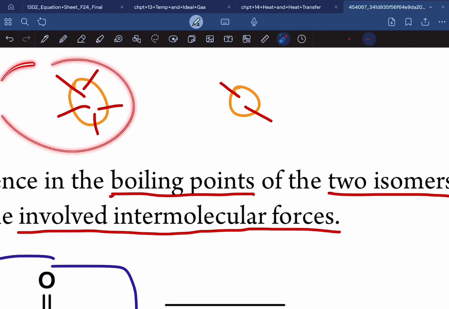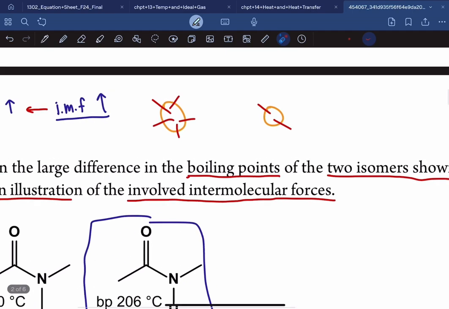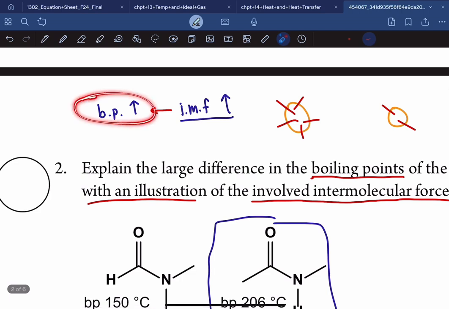This is going to be much more difficult to grab as opposed to this, because this only has 2 people holding it in place. So moral of the story is, the more forces on a molecule intermolecularly, the more difficult it is to break it. So that means that the boiling point is going to be higher, because it's going to take more heat to break this compared to this, if that analogy makes sense.